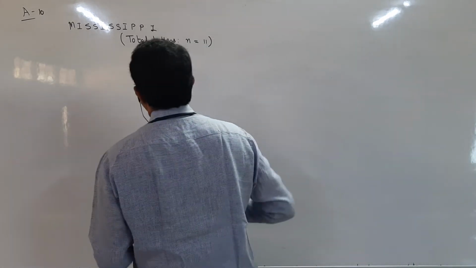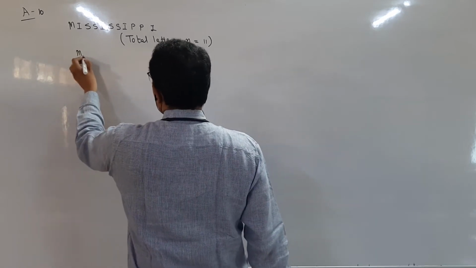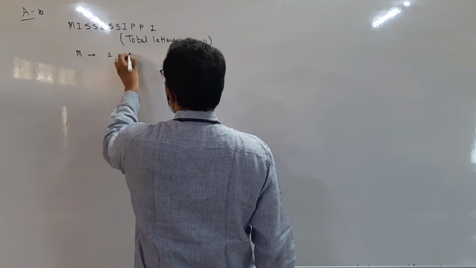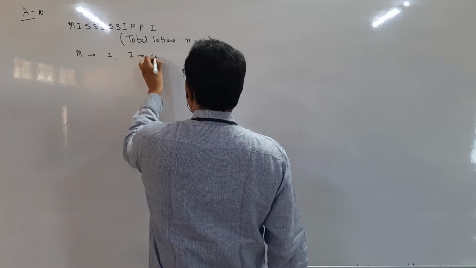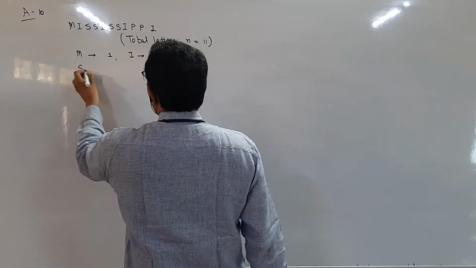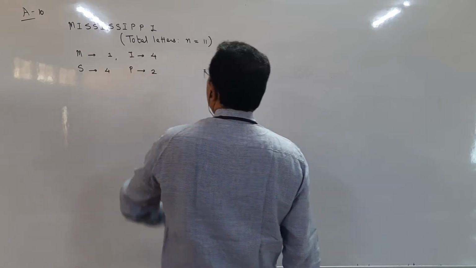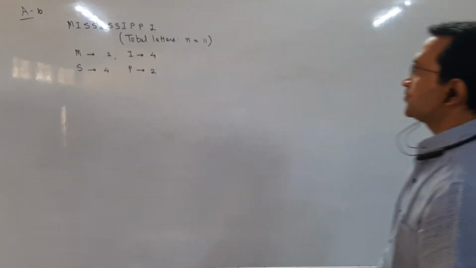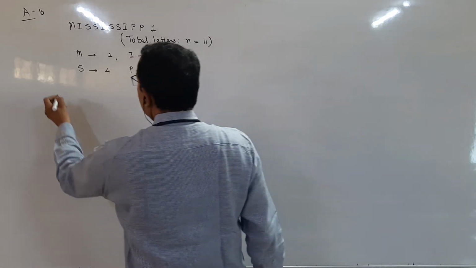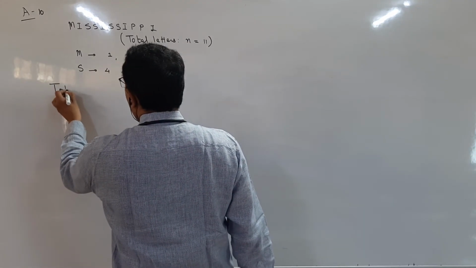Now what we will do? First we will find the total arrangements. N repeated once, I repeated 4 times, S repeated 4 times, P repeated 2 times.